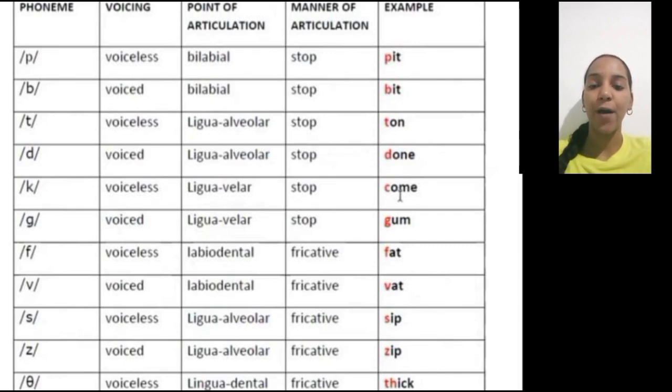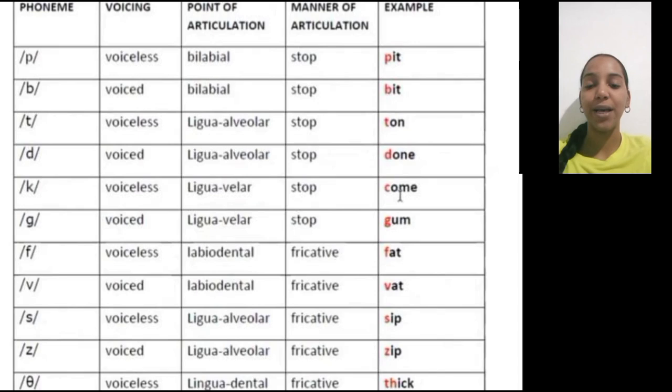Then we have the phoneme f, which is voiceless, labiodental because the lower lip touches the upper teeth. It is fricative because the air is forced through a narrow constriction, and an example is fat. Then we have the phoneme v, which is voiced, labiodental, fricative, and an example is vat.